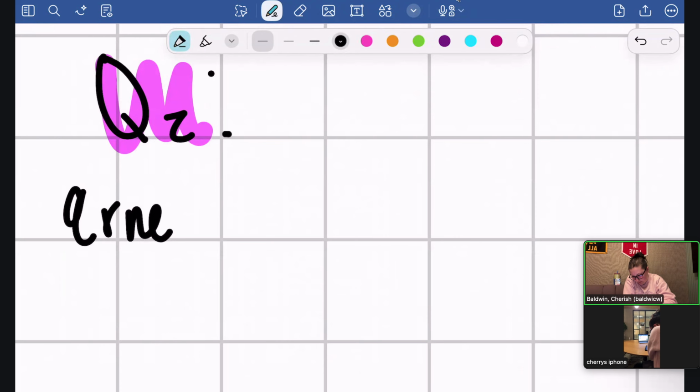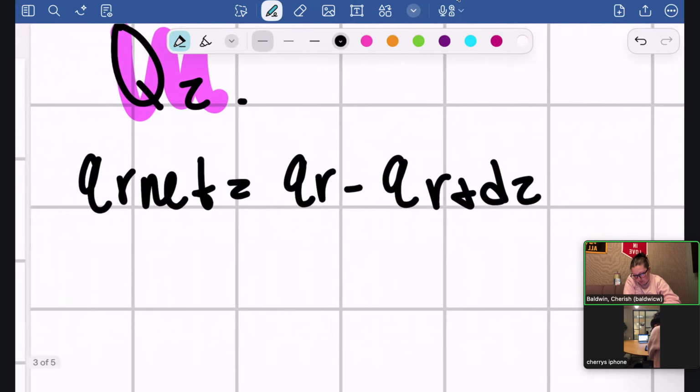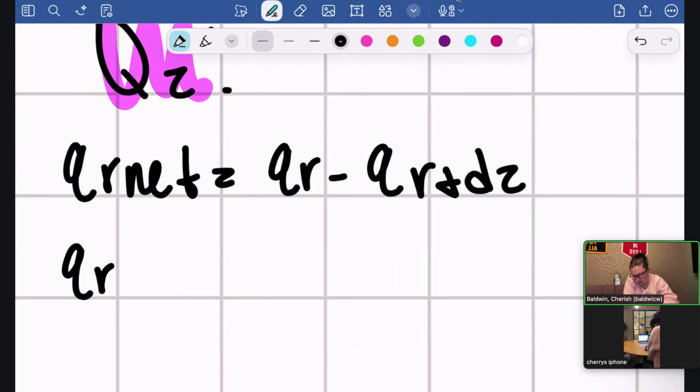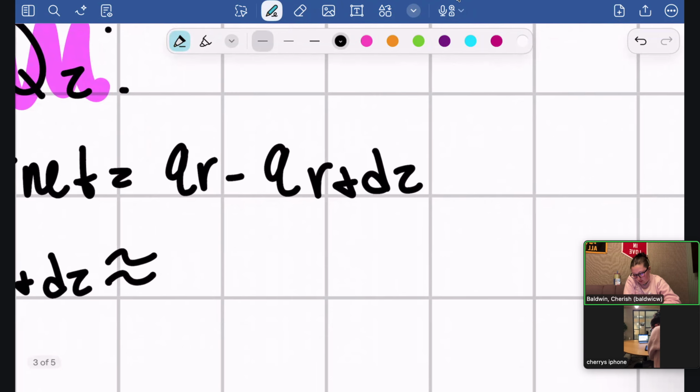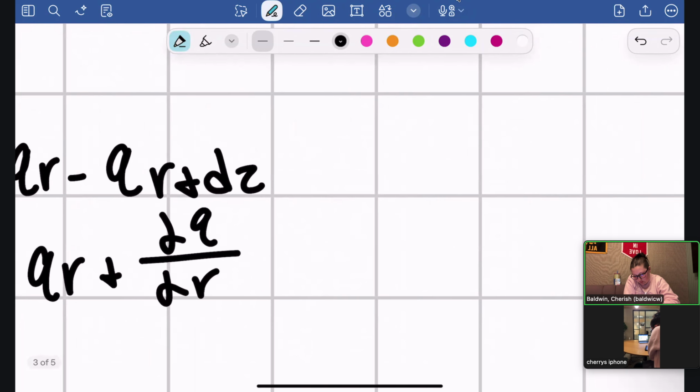So Qz net is equal to Qz minus Qz plus dz, and Qz plus dz is equal to Qz plus the gradient of Q through z times dz.